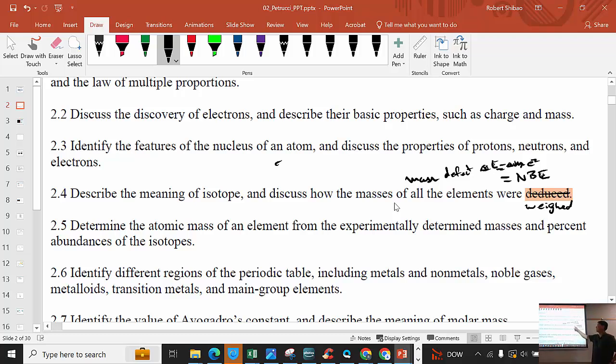How are atoms weighed? Does somebody remember how you weigh atoms? What instrument do you use to weigh atoms?